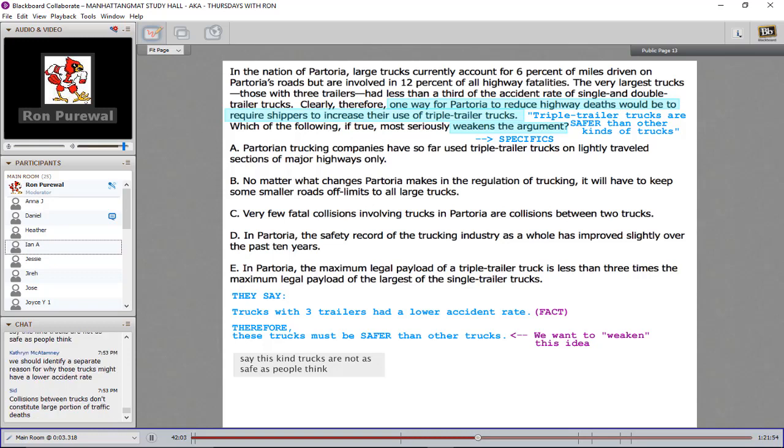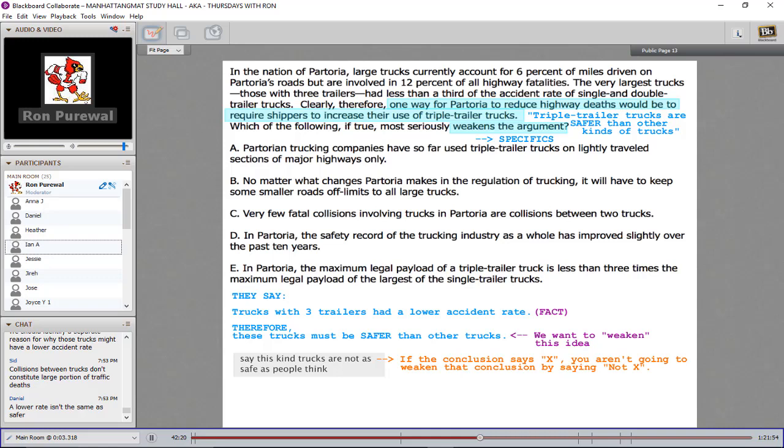If the conclusion says X, you're not going to weaken that conclusion by just saying not X. That's not how it's going to work, right?